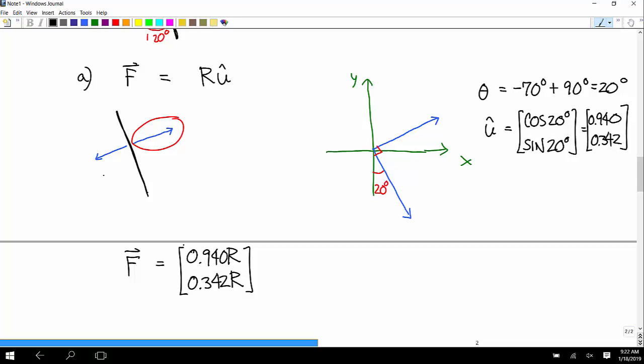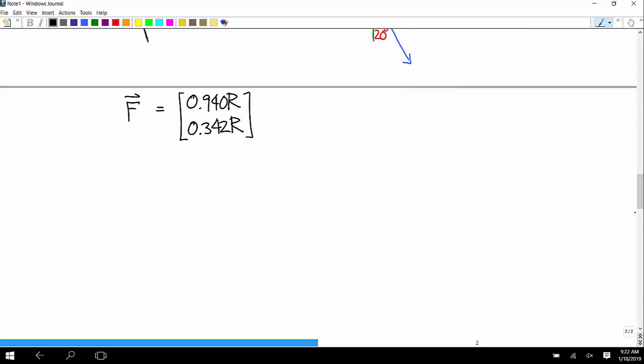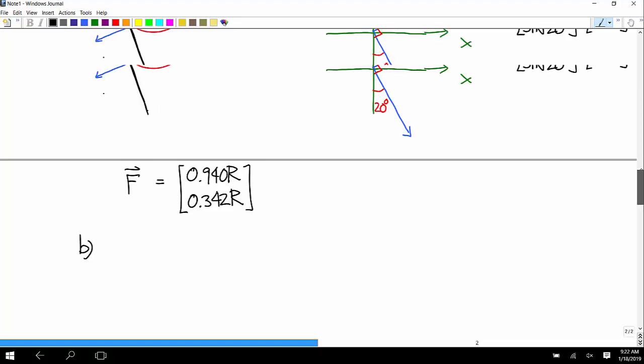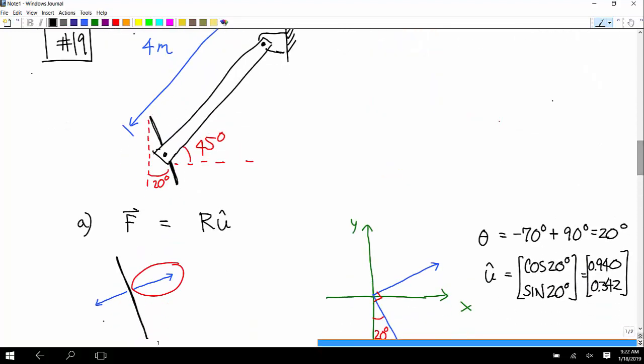Oh, there was one more part to that. The vector from the wall pin to the slot. So for part B, we're trying to calculate this vector.